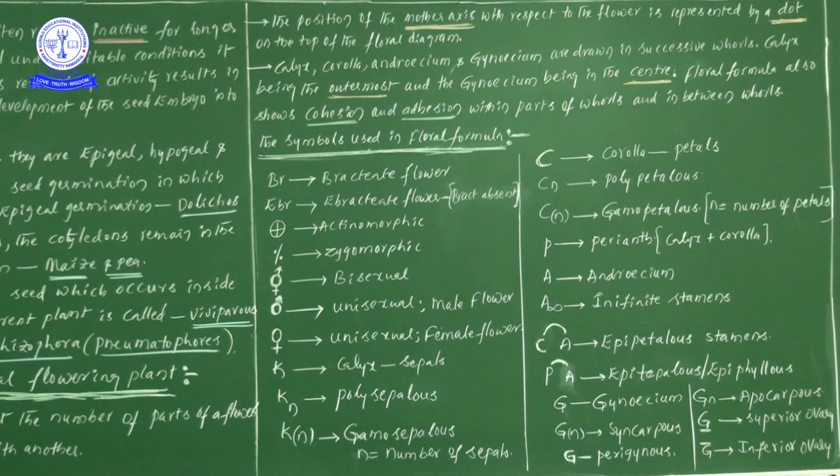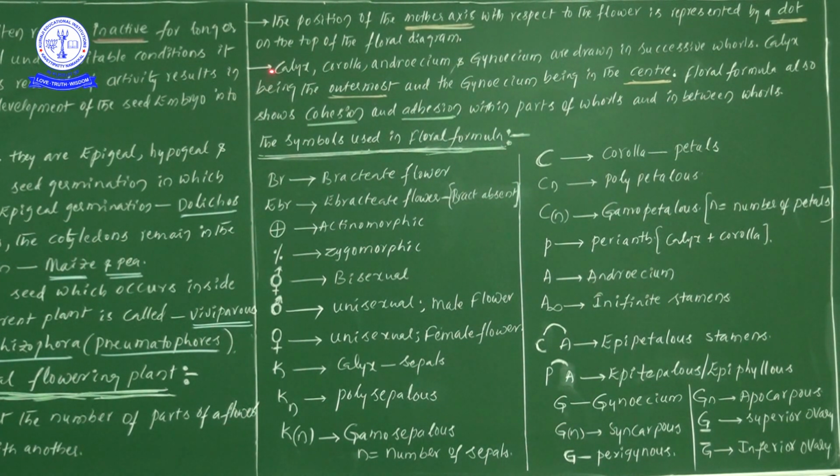Simple. So the mother axis is represented as a dot present on the top of the floral diagram.